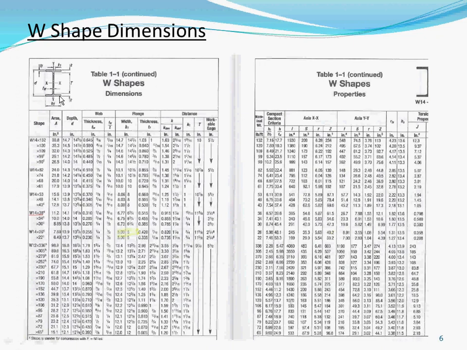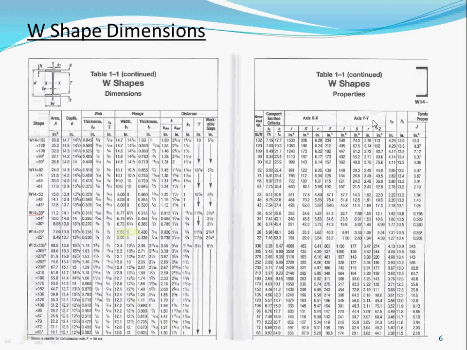The flange thickness. And then some other k area for when you're working with bolts and clearing the k area. And then workable gauges, followed by your compact section criteria. They actually do the calculations for you, b over 2t and h over tw. All these are listed in the manual, so you don't really need to compute them. And then the properties about the x-axis, y-axis, torsional constant, and so on, which is cut off on this side.